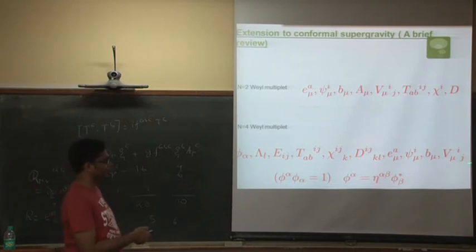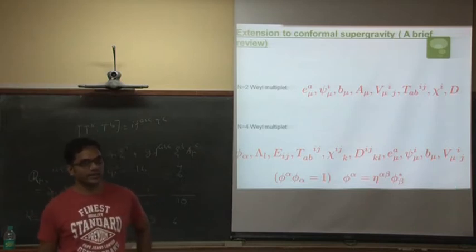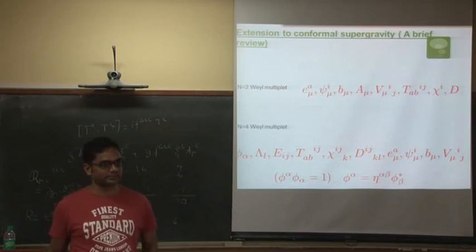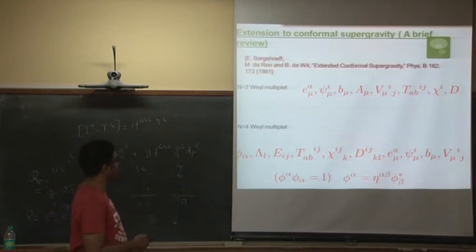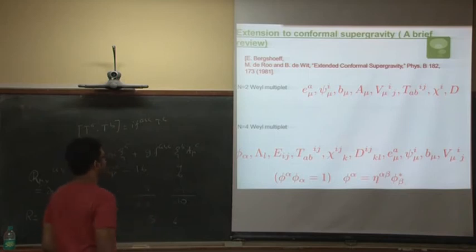And V_mu^ij is of course the SU(4) gauge field, and this is traceless in i and j. What happened to the A_mu? There is no U(1) R-symmetry in n equal to 4. There's only SU(4) R-symmetry. These were found in this paper by de Wit, Lauwers, and Van Proeyen in 1981.